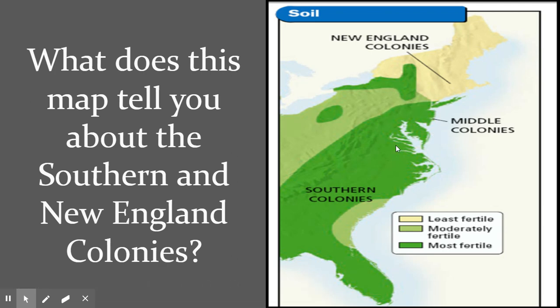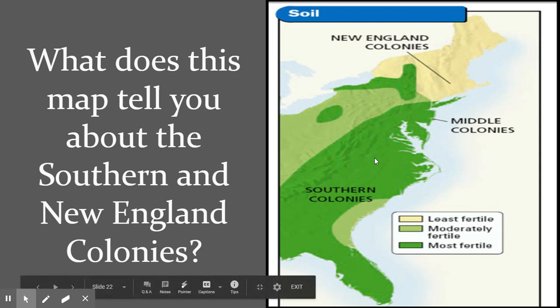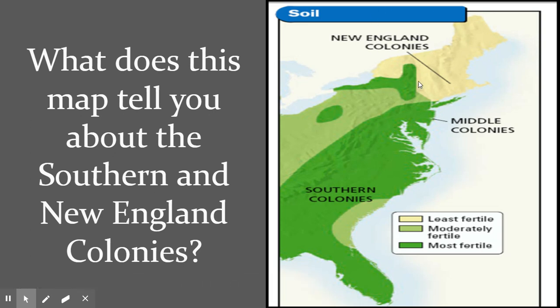And then of course you had the southern colonies, which is Maryland, Virginia, North Carolina, South Carolina, Georgia. They're the most fertile. Now, what do you notice about the New England colonies? Obviously, it's a beige color, so that means it's least fertile. So, are they going to produce a lot of crops?